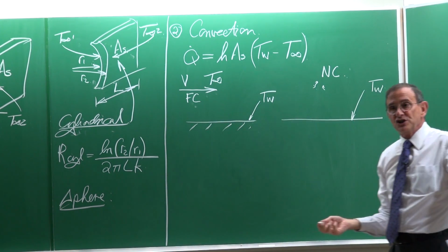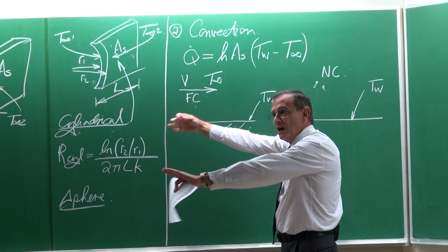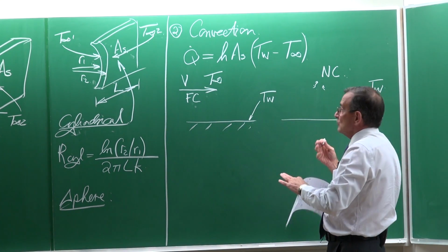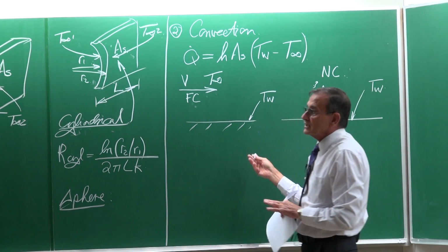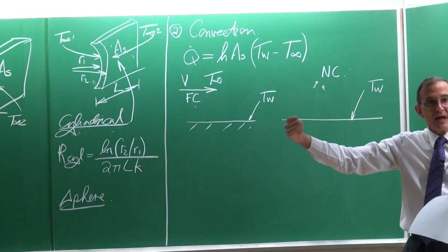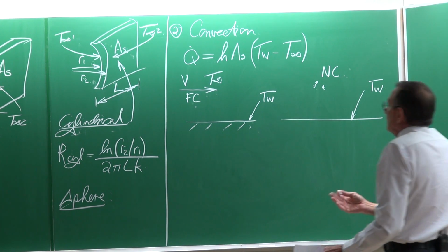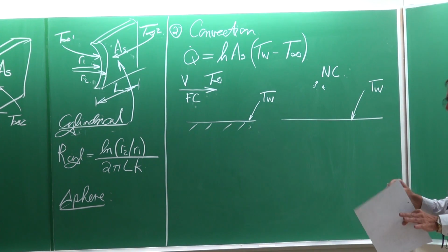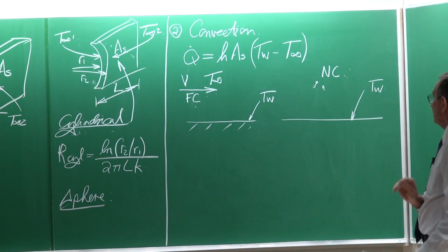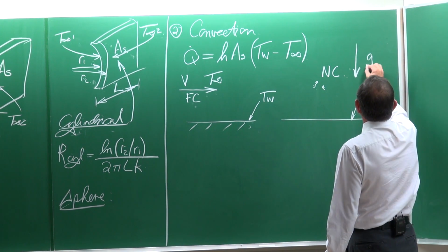Forced convection conditions are normally where you have a pump that would pump a liquid over a surface, or a fan that would force air over, or it's a windy day and you've got a surface on the outside and there's heat transfer from the surface to the windy day. But very important, there's quite a significant velocity. What significant is, that is debatable. In the case of natural convection, there's always gravity.